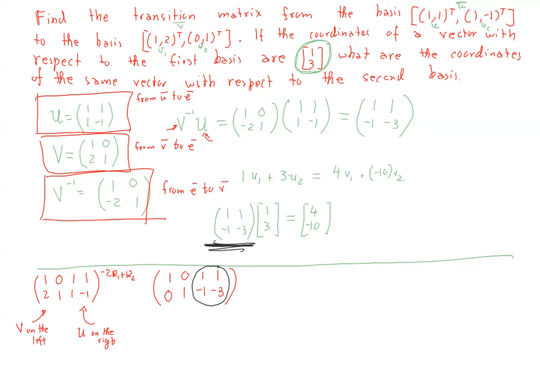Okay, and this is the method that I really want you to use. I want you to juxtapose the matrix of the coordinates of the bases you're transitioning to on the left, of the bases you're transitioning from on the right, and then you apply your elimination.